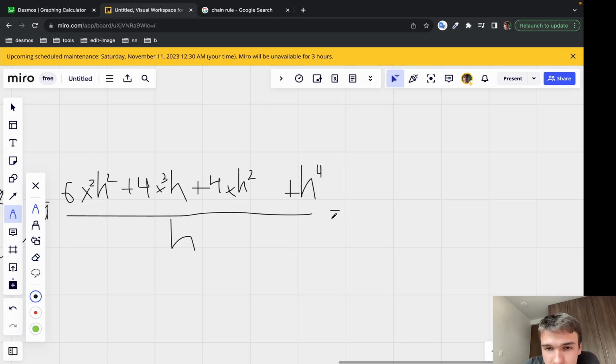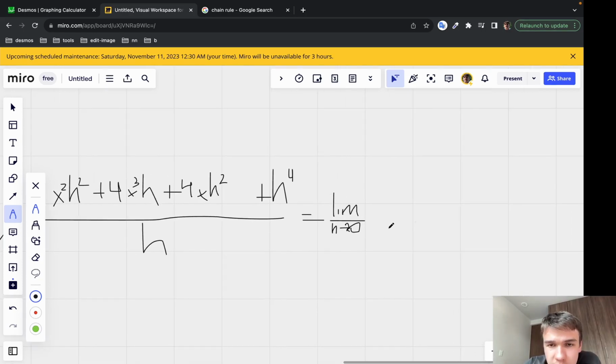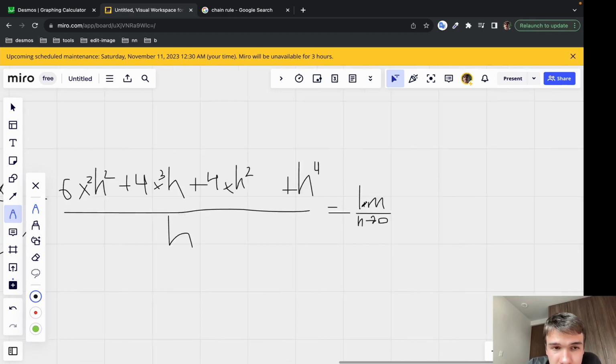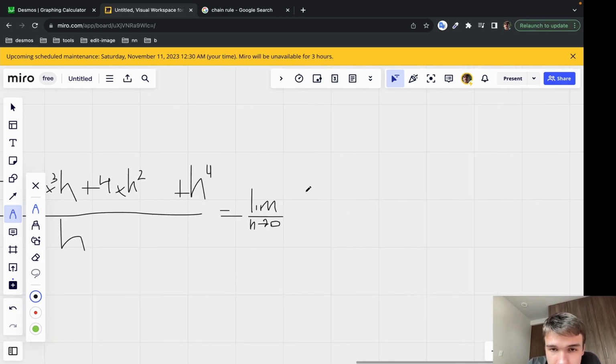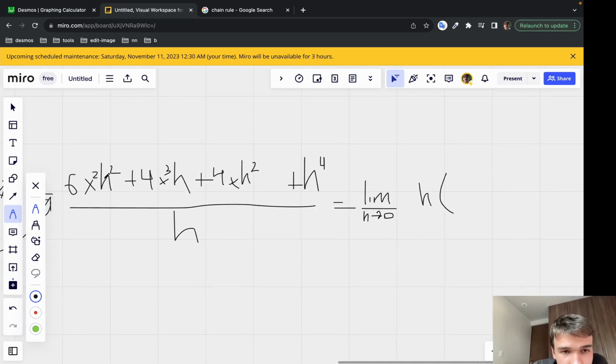Okay, now it is equal to, let's write this limit, which I don't really like, but which is essential for the derivatives. h approaches 0. Okay, a bit better. And what we do is we put h out of the brackets. So we say h, and then what is in the brackets? So now we got 1h from here. It means now we got 6x squared h.